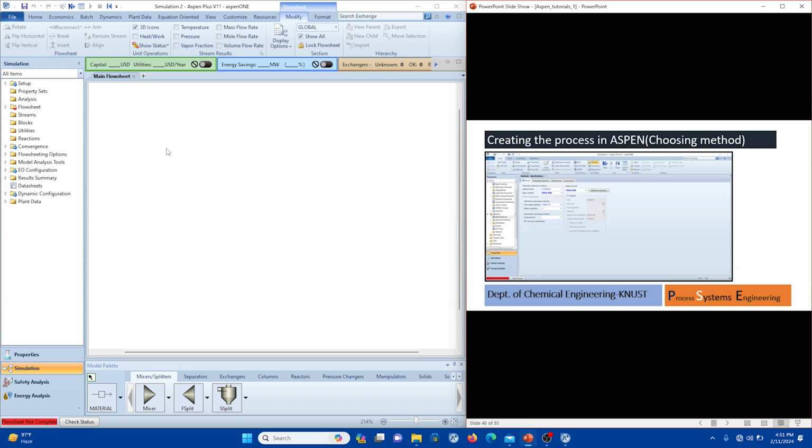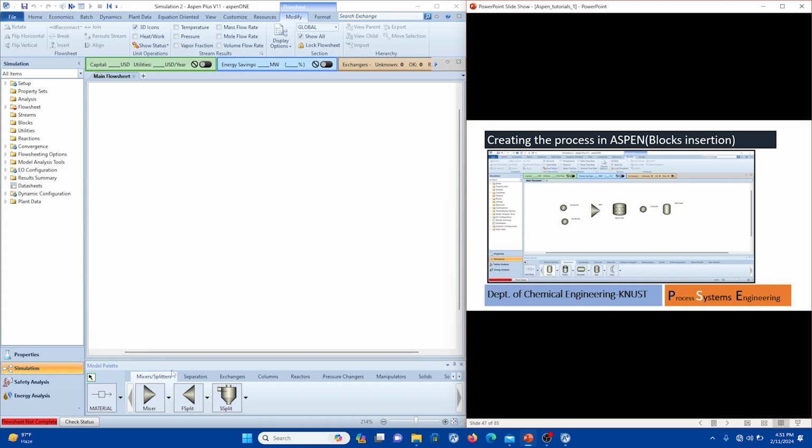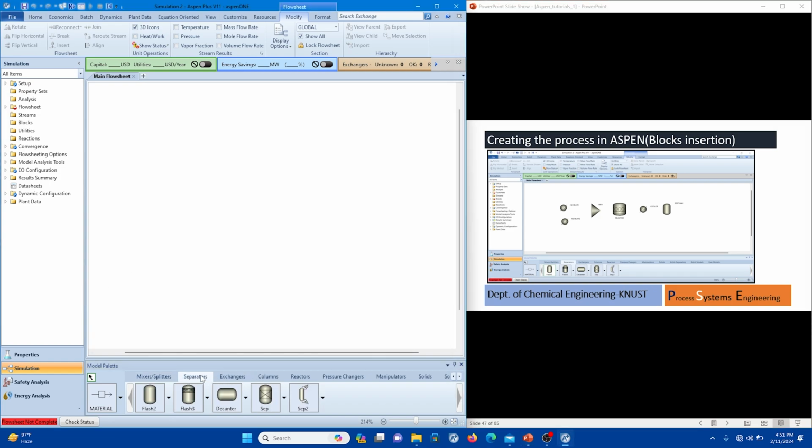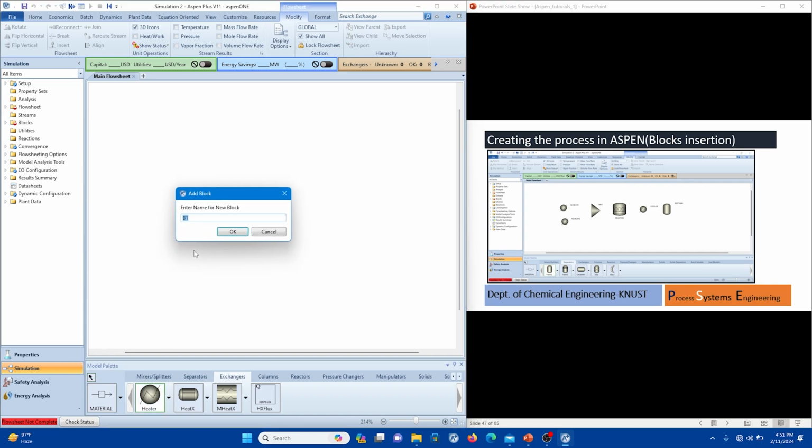So we've added our components, we specify the property method. So let's add the blocks. The first things we need are heaters. It's a nitrogen heater and a hydrogen heater. Right.